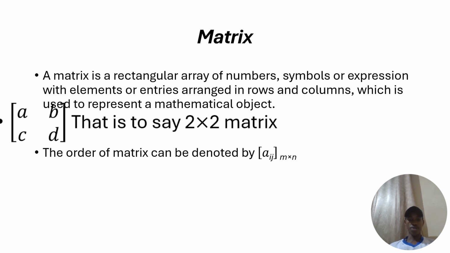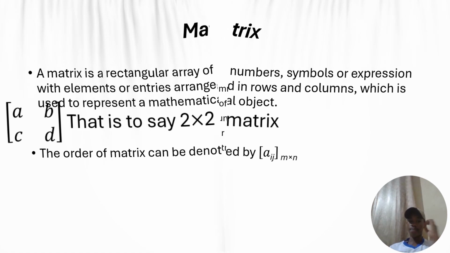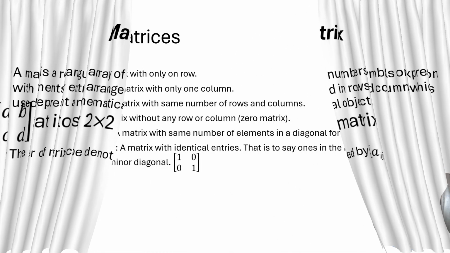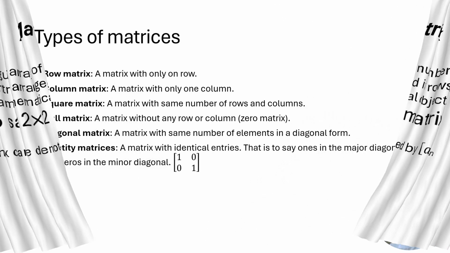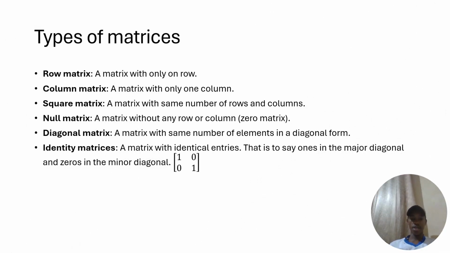So when we continue, here we are seeing types of matrices. We are having the row matrix, which means the matrix has only one row, and another type, the column matrix, which has only one column.